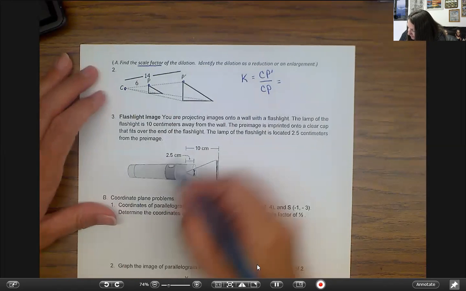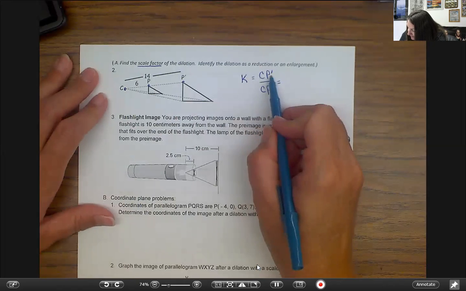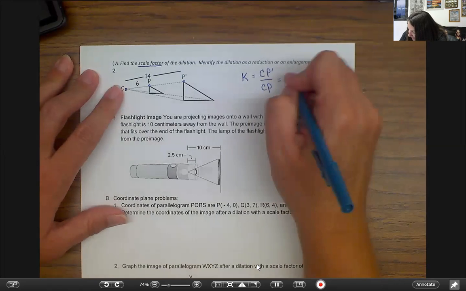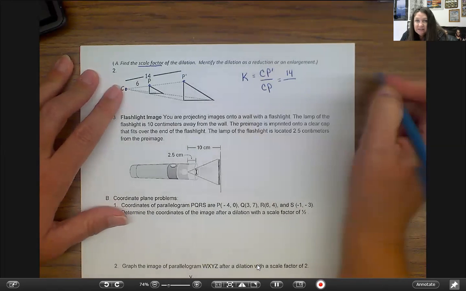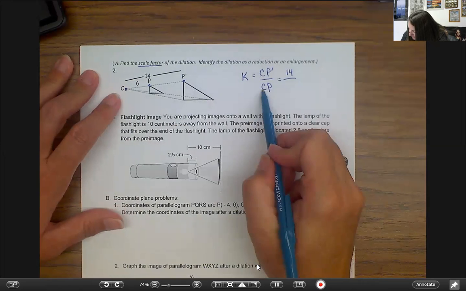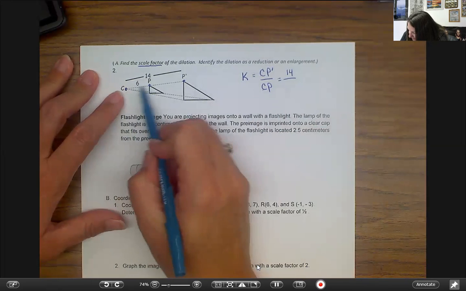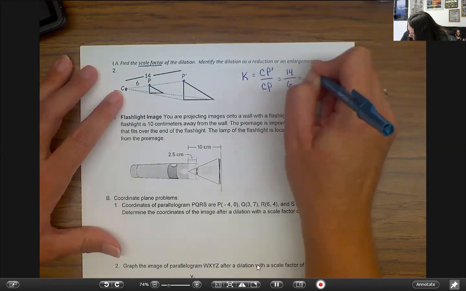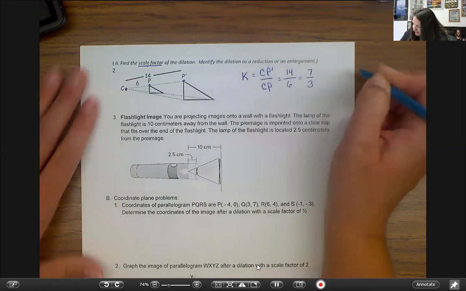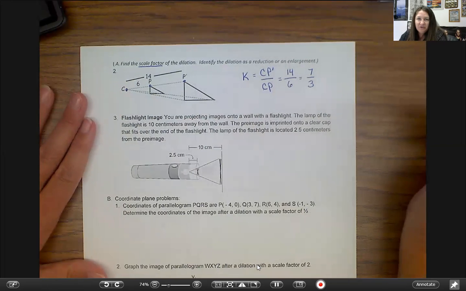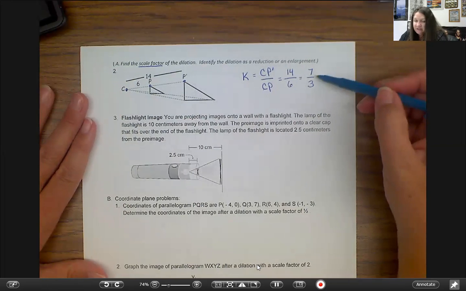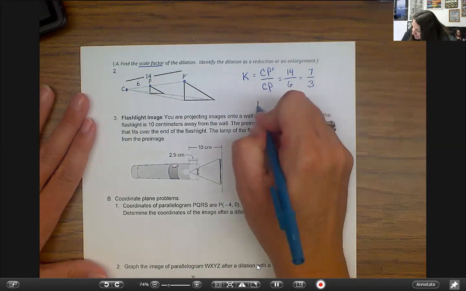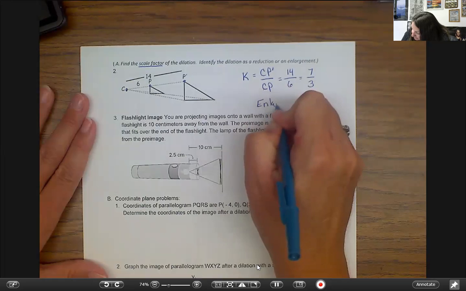In this case, if I go from the center to my image, that's marked right here as 14 units. Then my center to my pre-image right here, that is only 6 units. If I go to reduce this, I get a scale factor of 7/3. 7/3 is a value larger than 1. Therefore, this should represent an enlargement.